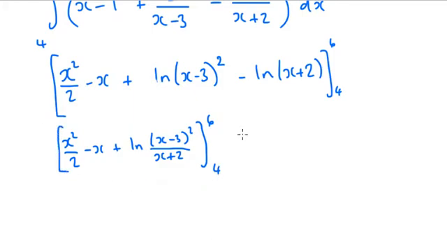Right, so let's put the limits in. When x is 6, we're going to get 36 over 2, so 18 take away 6 is 12, plus the natural log of 9 over 8.